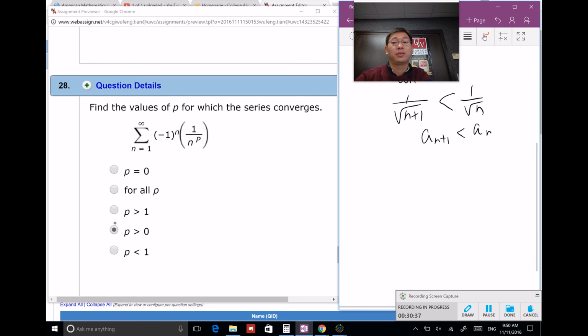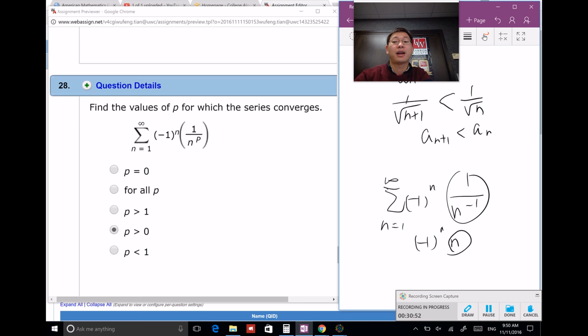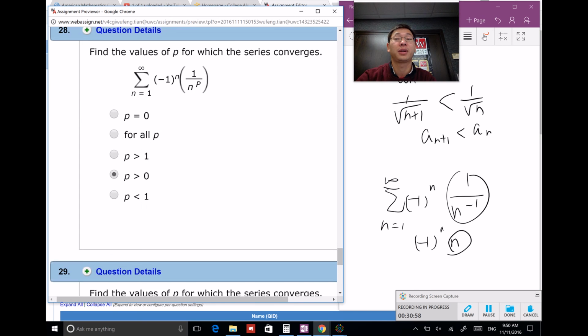How about less than 0? Less than 0, not good. For example, if you do n to the negative 1, you get just n, and it diverges, because the nth term will not equal 0 anymore. So p bigger than 0.